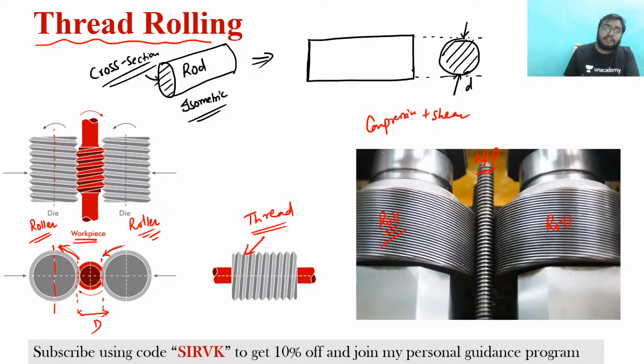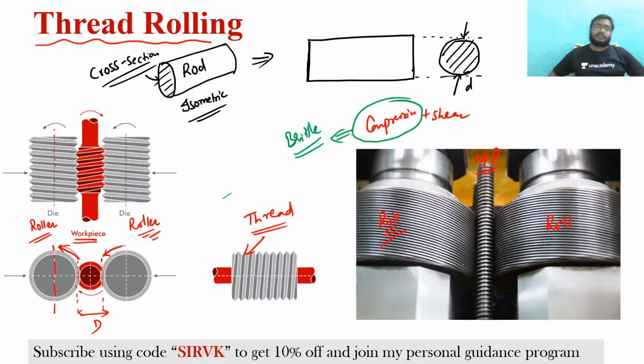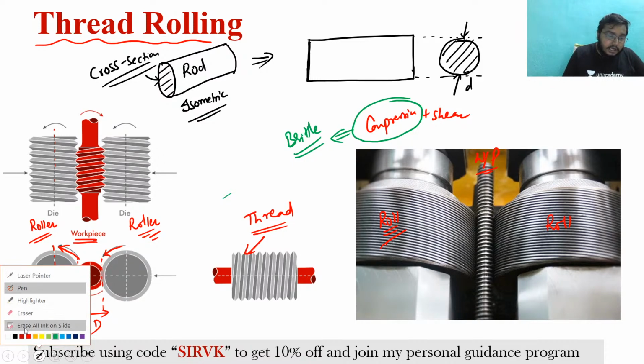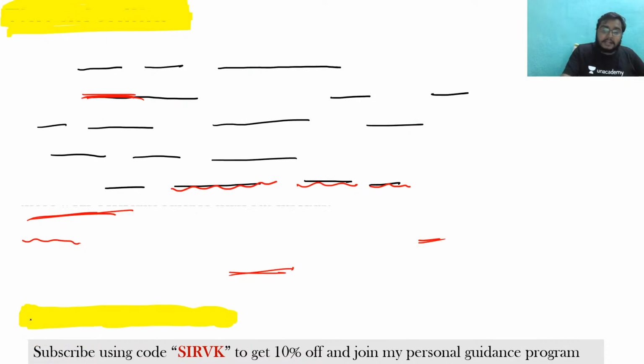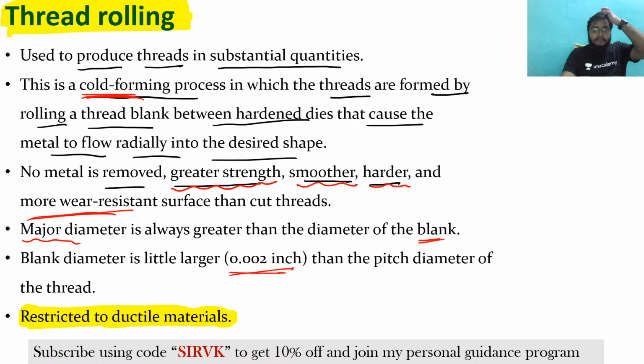And let me tell you one thing: when you give compression, brittle material fails, because brittle material fails under compression forces. Compression and shear cause failure, and that's why we are not using brittle materials and we are using ductile material.